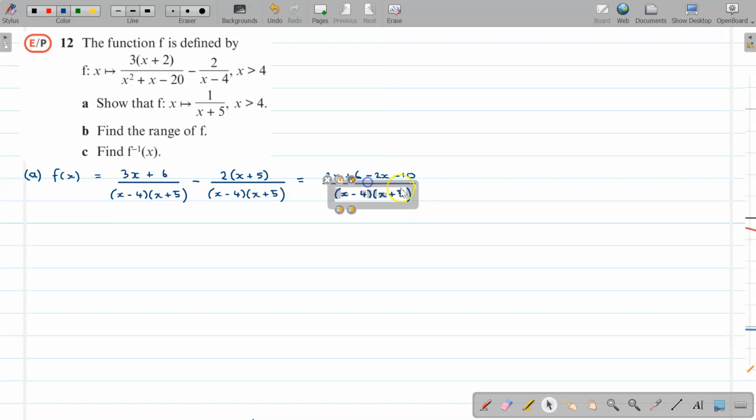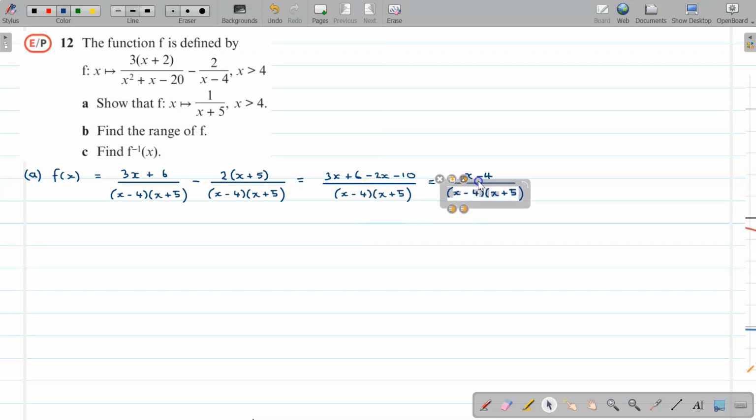And the next step, of course, is to combine all that on the top to give us, in fact, x minus 4. Now again, we were kind of expecting that to happen, because that's where the question is ultimately leading to. But nevertheless, we do still have to show all the steps. So x minus 4, and that goes over the same denominator again. Like that.